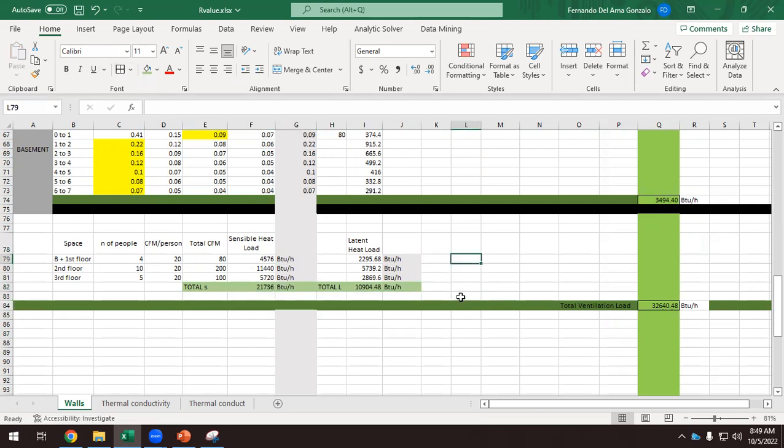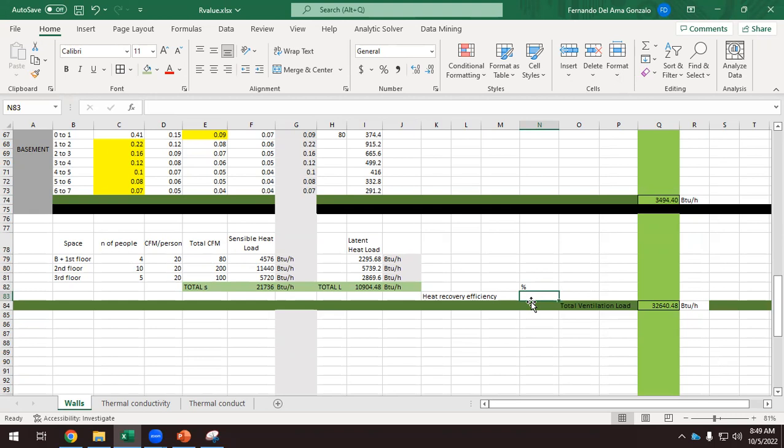So here I can have the heat recovery efficiency. It's always a percentage. So that comes from the specifications. Okay, so we don't have to calculate anything here. We have to ask the heat recovery supplier.